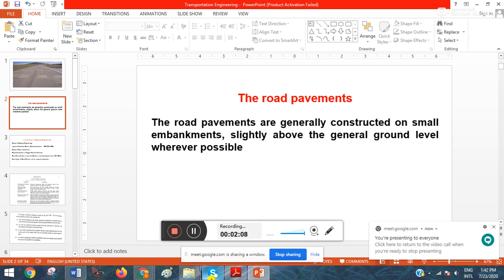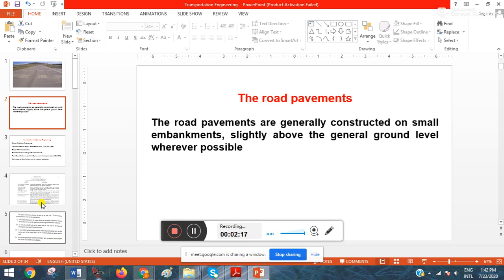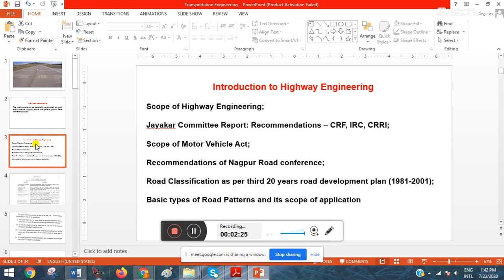Okay, the road and highway. In our case, always we use the term road pavements, and for the construction of these road pavements, we should know about the road or highway. For that, the first module in our proposed syllabus is introduction to highway engineering, a prerequisite for transportation engineering.